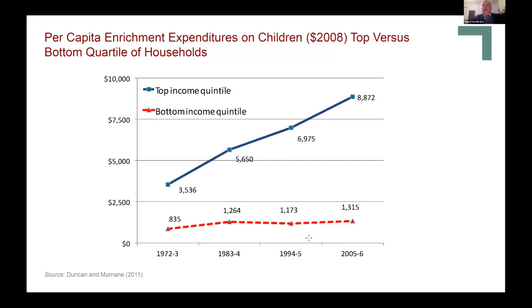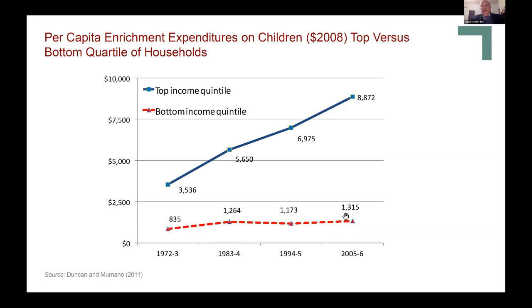And we also see a similar gap in the way that money is spent on children. So you can see, for example, at the bottom, you have disadvantaged children. These are all US data. But over a period of close to 30 years, you see that the expenditures in real terms have basically been almost flat.